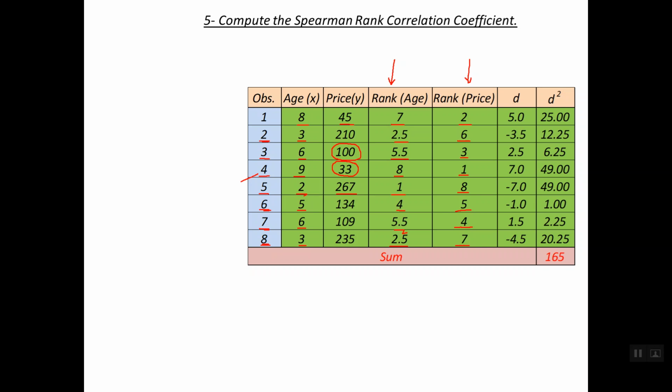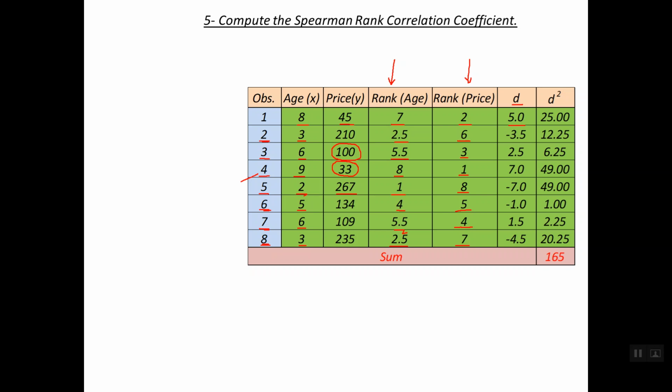Now we find the difference between the two ranks for each car. For example, for car number 1, we compute D, and D represents rank X minus rank Y, which is 7 minus 2, is 5. Same for all cars, we compute D. Notice that the value of D sometimes is positive, sometimes negative.